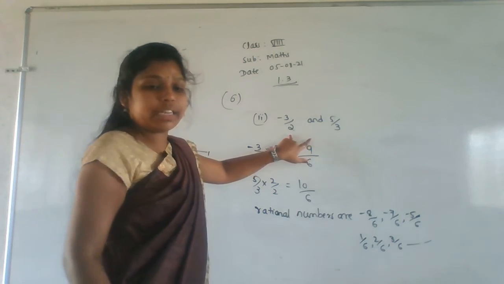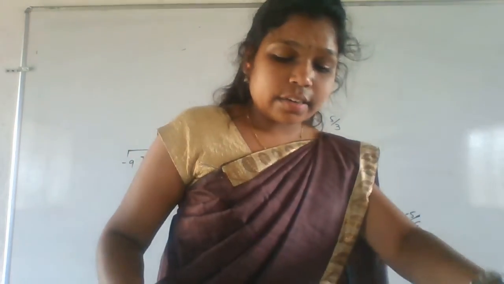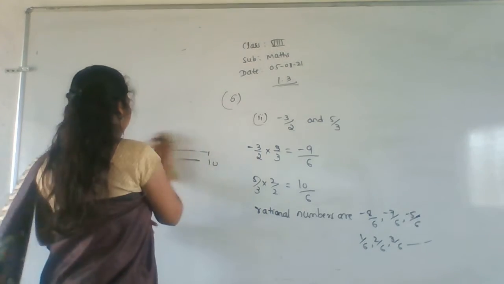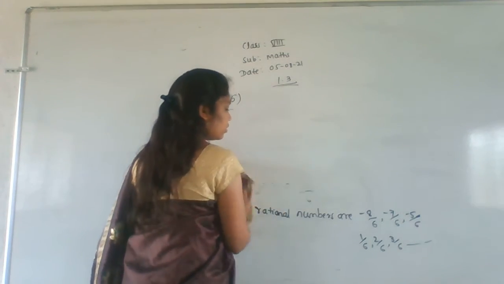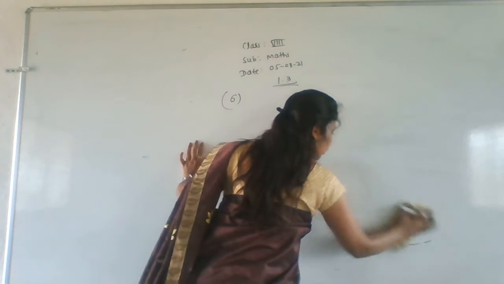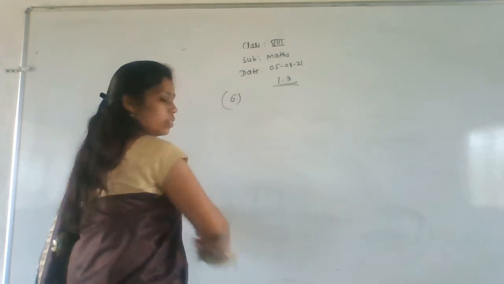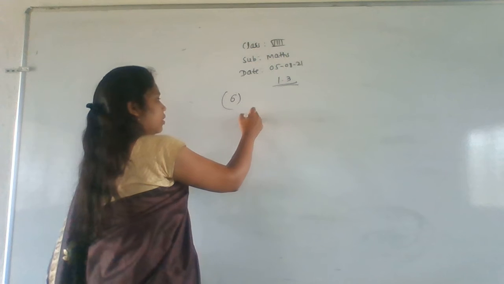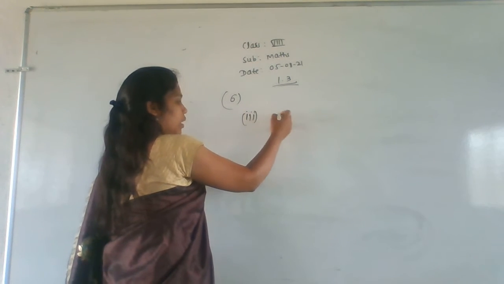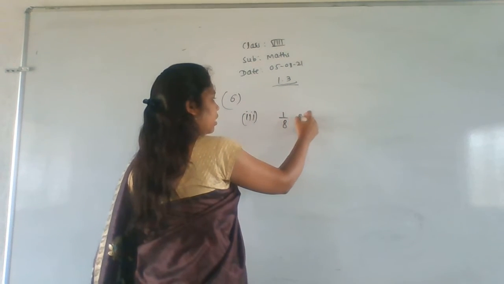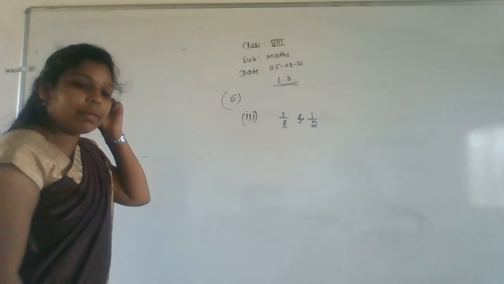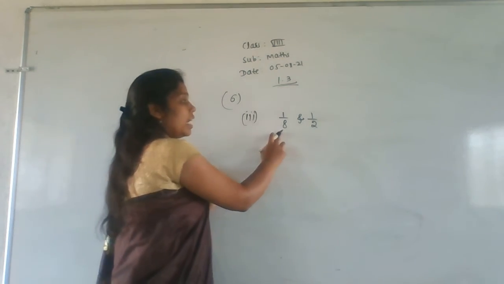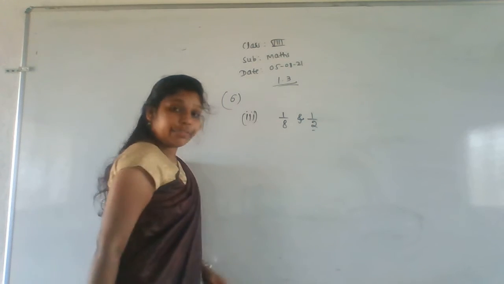Okay. So next one, 1 by 8 and 1 by 2 they have given. Third one. Start the third one here. Okay, 1 by 8 and 1 by 2, again the denominator terms are different here.